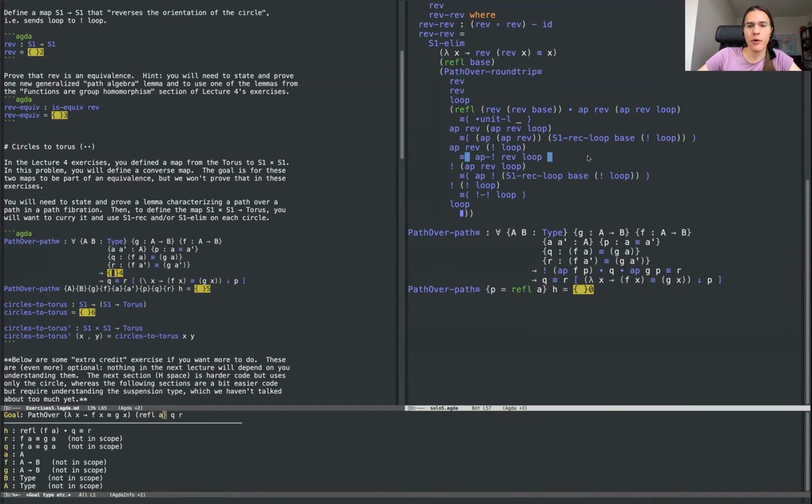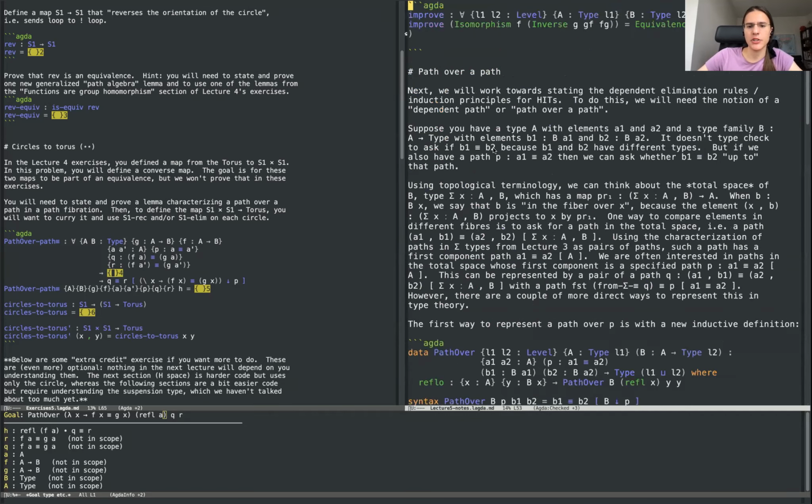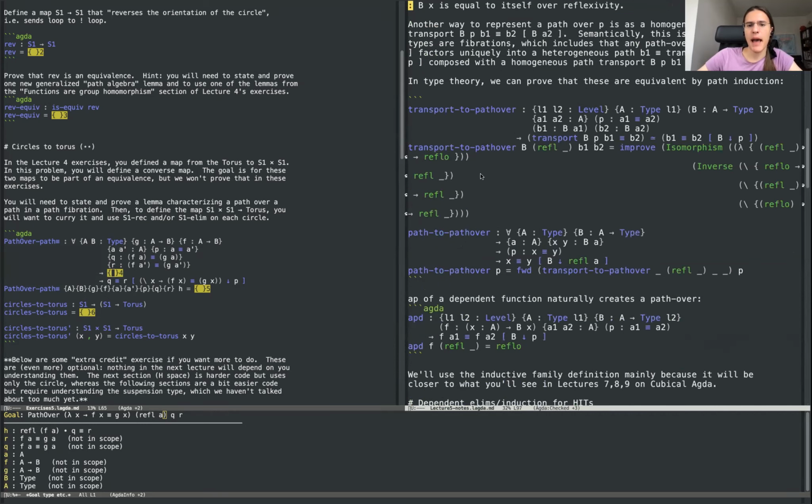But to construct a path over REFL, it just suffices to construct a path over. And we proved that in lecture 5 notes using this path to path over.